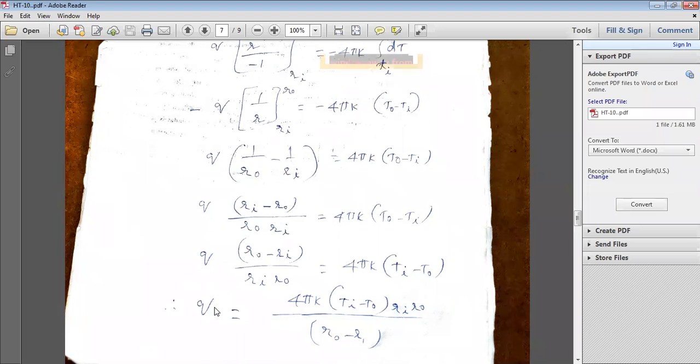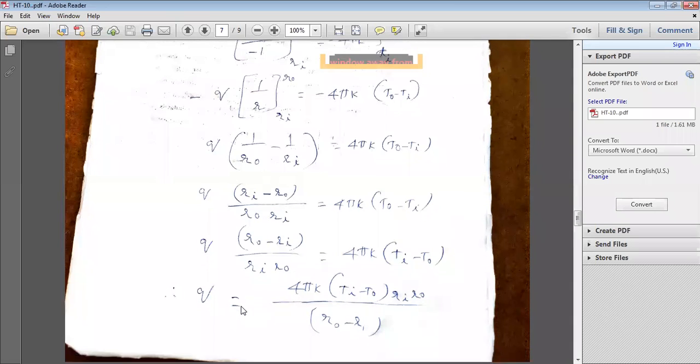From this, heat transfer rate through the sphere, all of you listen very carefully. How do you calculate it? 4 pi K into Ti minus To into Ri into Ro divided by Ro minus Ri. Here, what is the thermal resistance?